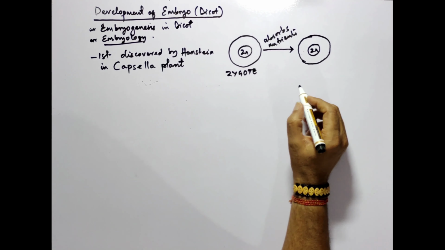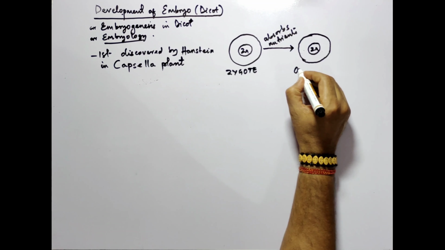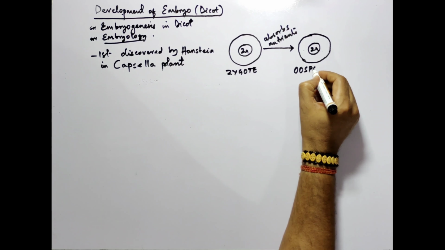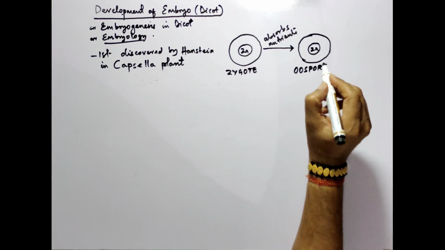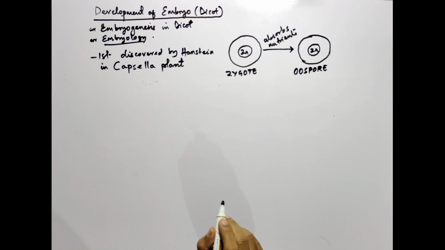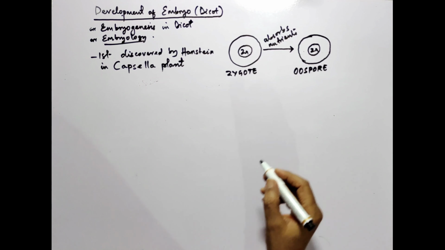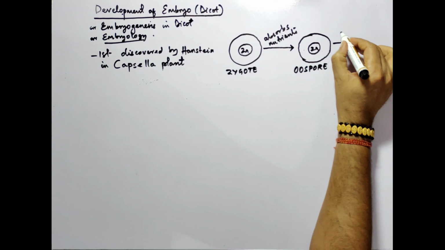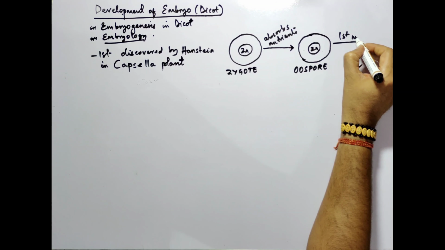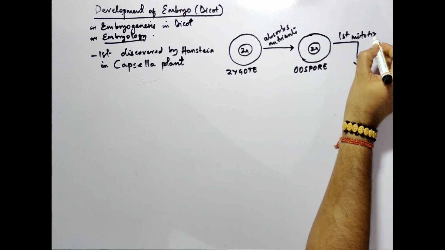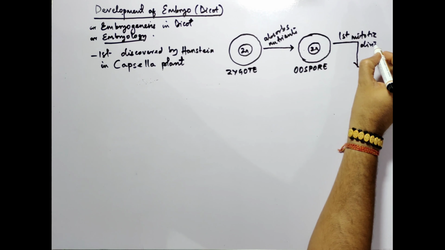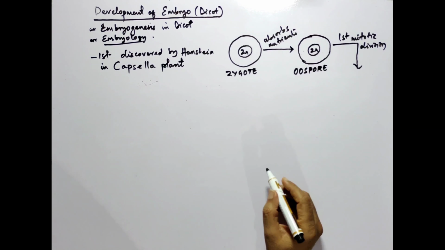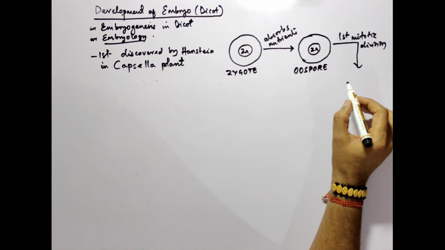In this stage we can name it as oospore. Then the first mitotic division occurs and gives rise to two cells.